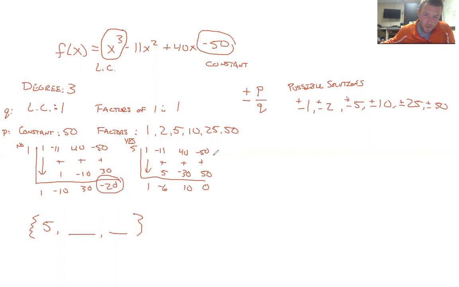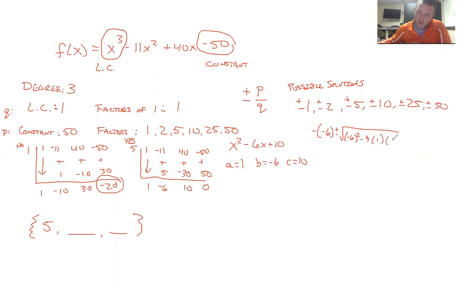So I'm down to, since this was x cubed, this is now x squared. So right here is x squared minus 6x plus 10. So my a value is 1, my b value is negative 6, and my c value is 10. When I plug it in, it's negative b, which is negative 6, plus or minus the square root of b squared, so negative 6 squared, minus 4 times 1 times 10, all over 2 times a, 2 times 1.